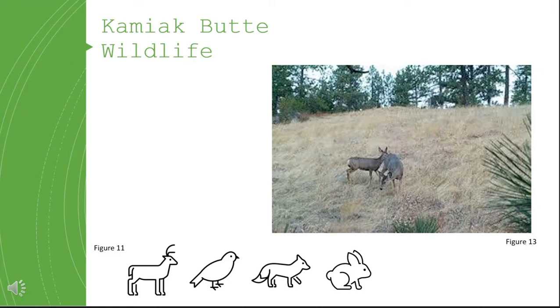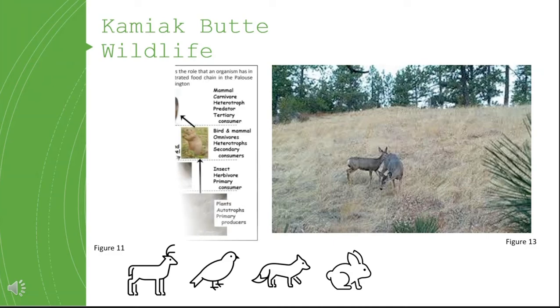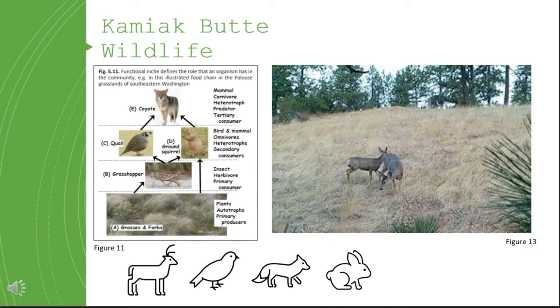Functional niche is the role that organisms play in the community and how it works within the food chain. In the Palouse grasslands of southeastern Washington, the grasses and forbs photosynthesize, and they produce the largest biomass component in the ecosystem, and these provide food to the grasshoppers and are called primary producers. The grasshoppers then are categorized as primary consumers because they eat the producers, but they also provide food for the quail and the ground squirrels.